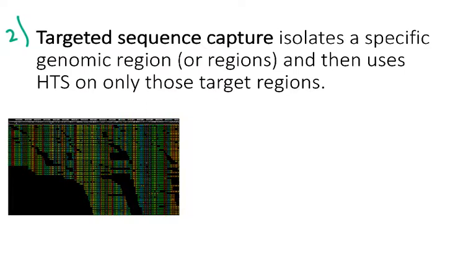When we're thinking about the potential benefits of this technique over the other options, reduced representation or whole genome sequencing, which we'll talk about later, one of the benefits is that you get really deep sequencing of that one region you're interested in. That's in contrast to these other methods that have more shallow sequencing spread out across the genome. Deep sequencing just means you get a lot of sequence reads from that same genomic region.